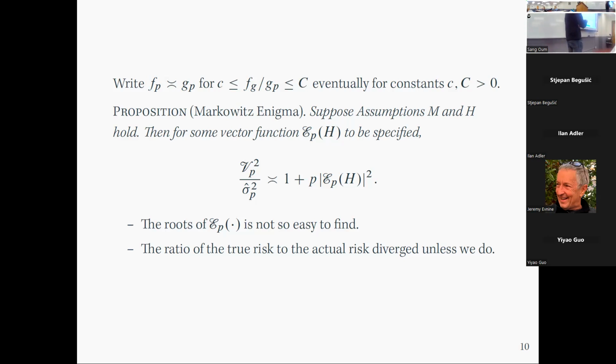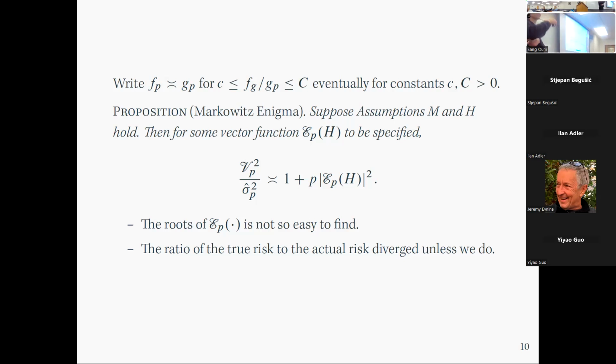The other difference from that original work is that this function E, the curly E, which we are going to call the optimization bias, is now a vector quantity. And it's a vector because it's an optimization bias or an optimization error with respect to each risk factor. So it's going to be a vector of Q components, one for each individual risk factor.